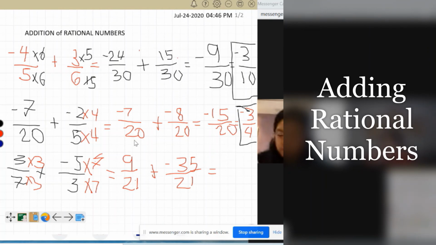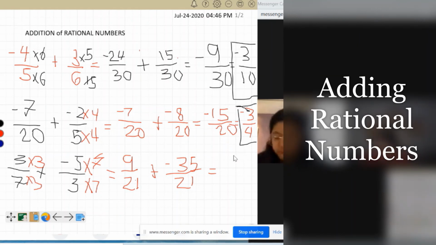But what are we going to do here? Are we going to add these rational numbers or subtract them? We're going to subtract them. It's because they have unlike signs. The two rationals have different signs.